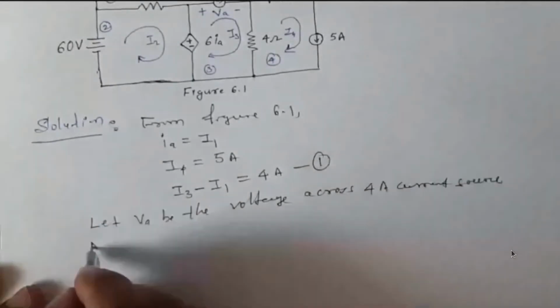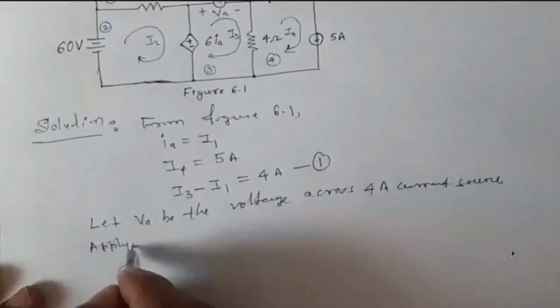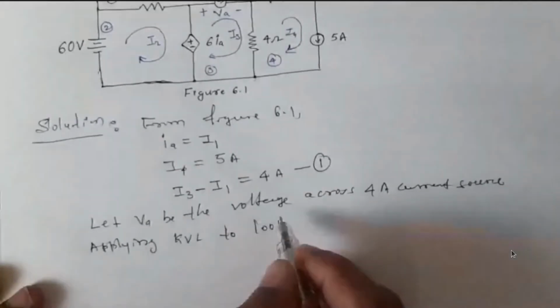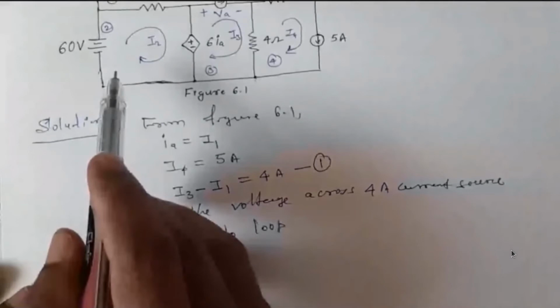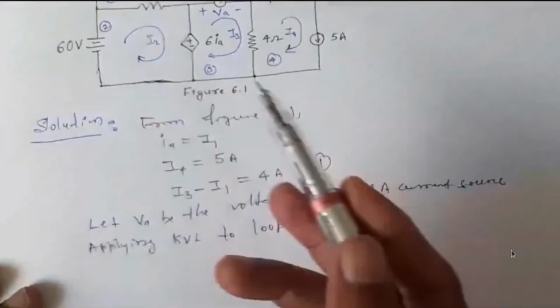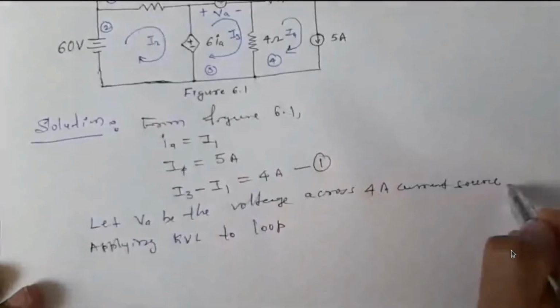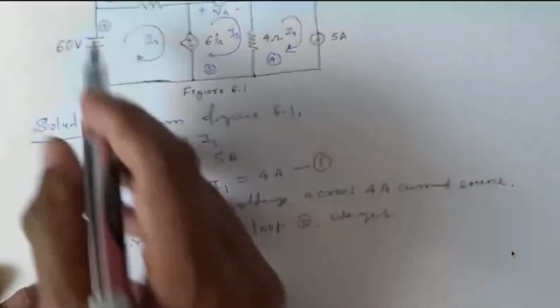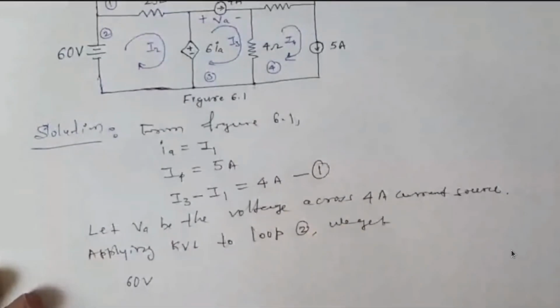Then applying KVL to loop 2. First, I'll apply KVL to loop 2. Later, we can apply it to loop 1 and loop 3. Okay, so this is loop 2. What we get? Minus to plus 60 volts.